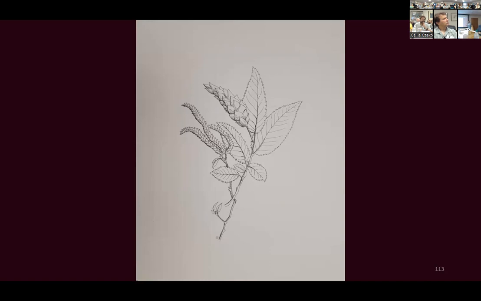So this is another, a lot of herbaria have art. In many cases, it's been moved to the library, if it's a botanic garden or the library, but this is not an uncommon thing.